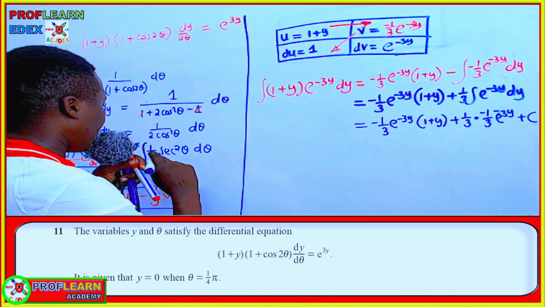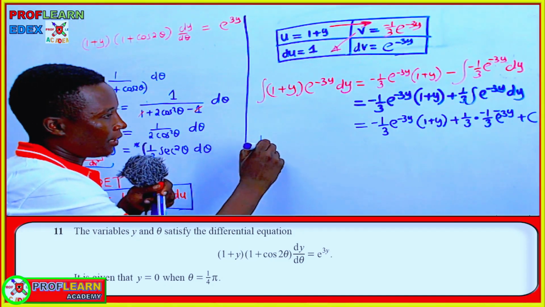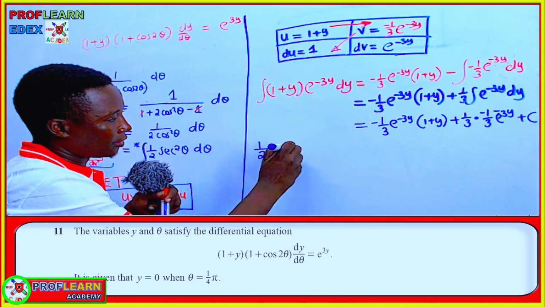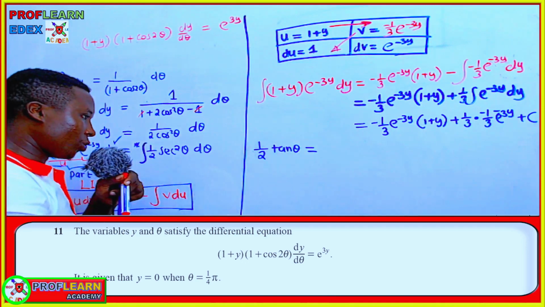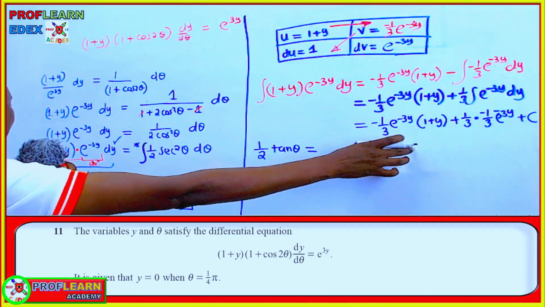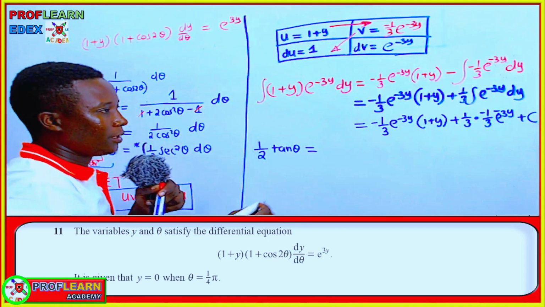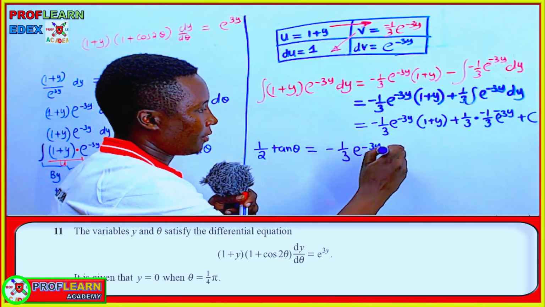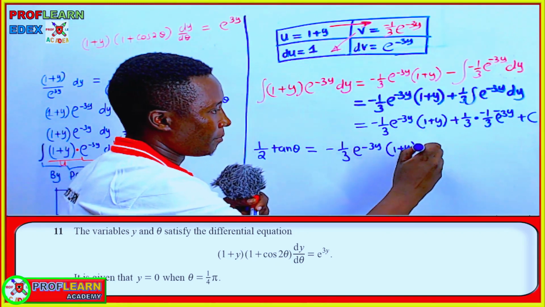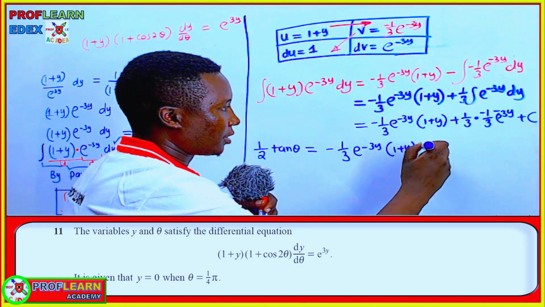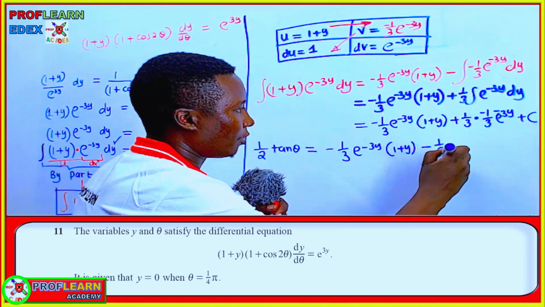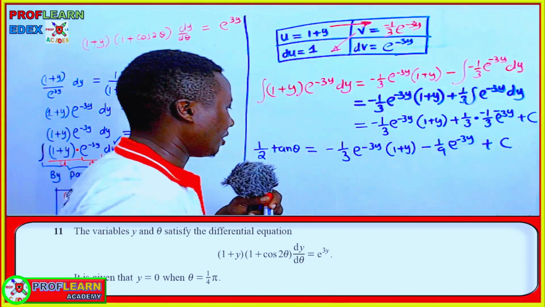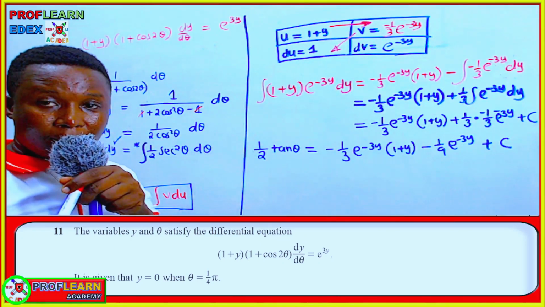So we can therefore say this part is going to be a half of tan theta, equals to, now I write this particular part for this part here, minus 1 over 3 e to the negative 3y into 1 plus y. Then if we multiply, this is going to be minus 1 over 9 e to the negative 3y, then plus c.